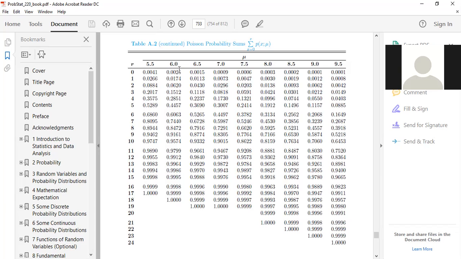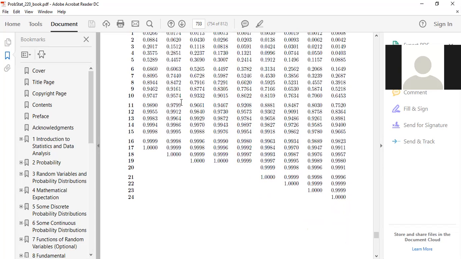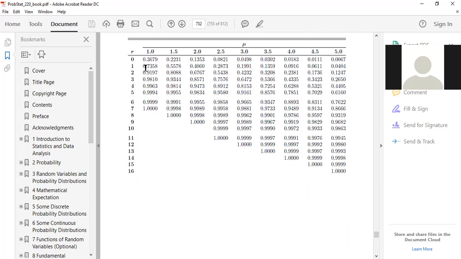Do you find any 4 here? No. That means I have to go to the back page. If you go to the back side, r equal to 6, and here I can find 4. If you go over here for 4, that is 0.8893. So that is my first summation. Then the second one was r equal to 5 and lambda t equal to 4.